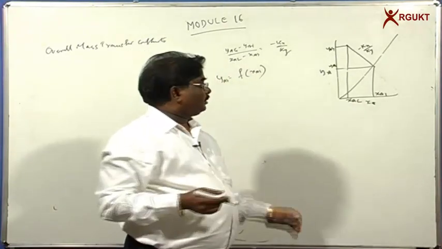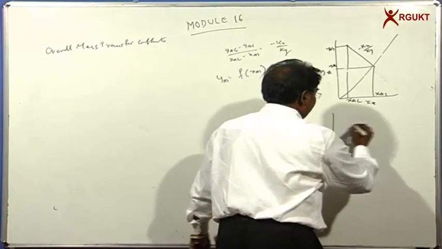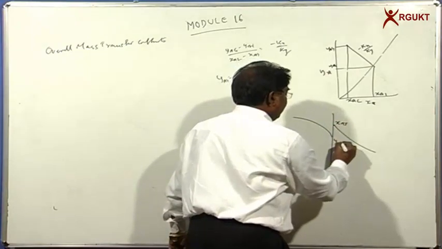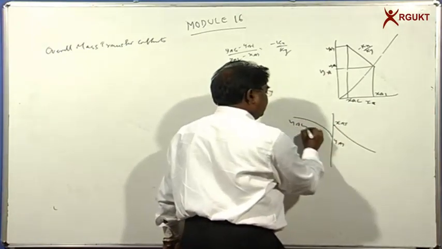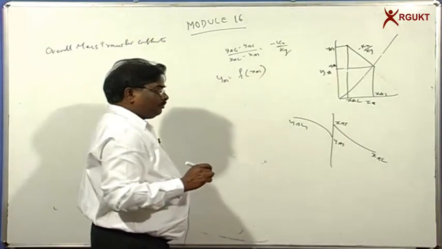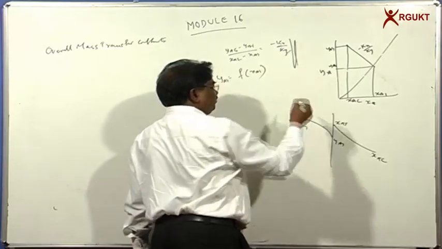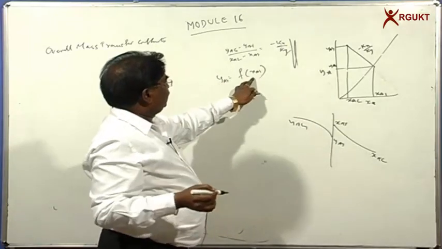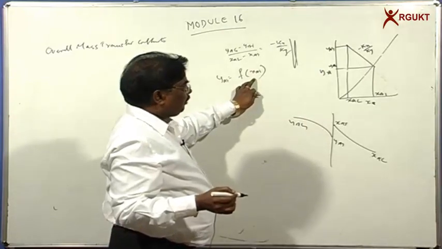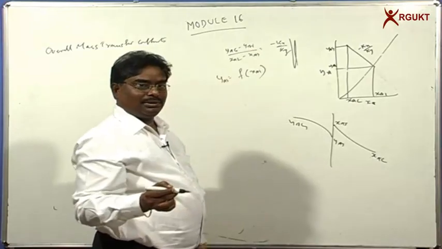This is XAI, this is YAI, this is YAG, this is XAL. We can use this relationship, but the estimation is not that simple. It is a cumbersome process for estimating the interfacial concentration.